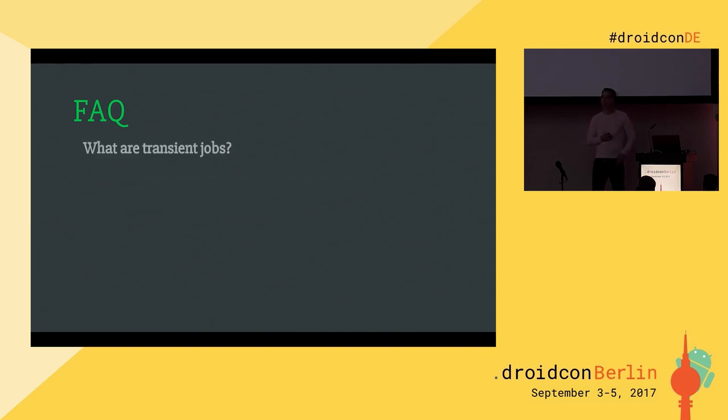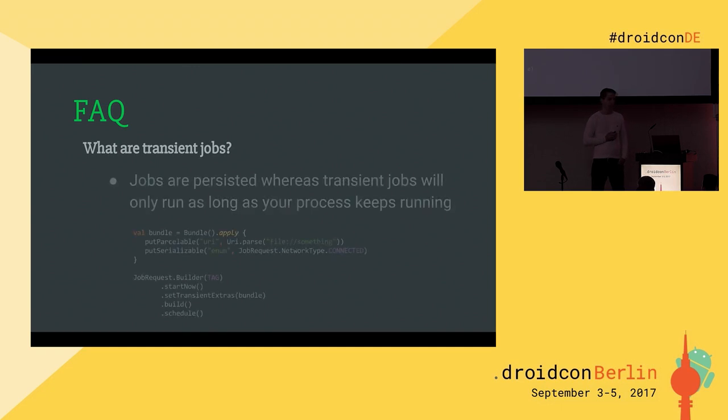What are transient jobs? Transient jobs are a new feature which was introduced in Android O, and we also backported it. The idea is that you schedule a job inside of the job scheduler, and if your application is closed or terminates, then your job won't run. A good use case is if you want to run a job now.